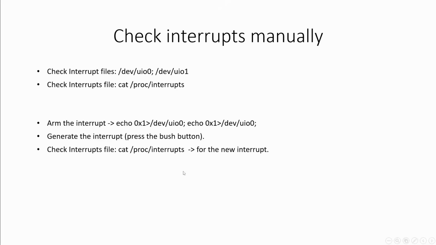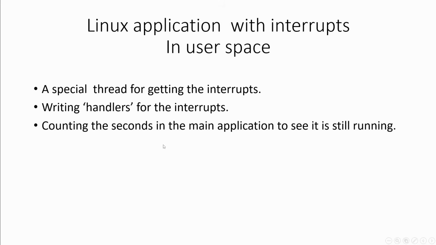Then we will write the application. In the application we have a new subject: a special thread. We'll learn how to define a thread, so we'll have a multi-thread application. We'll write the handlers for the interrupt, and we will count in the main application just to see it running.